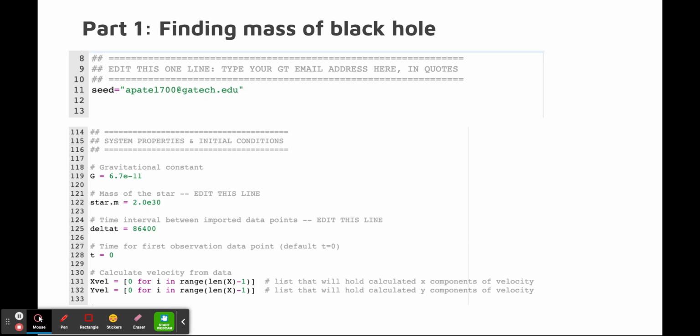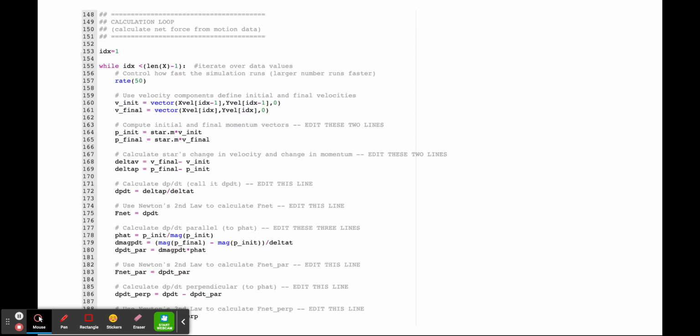So here is the GlowScript code for part 1. I added in my GOTEC email as listed here, and added in the mass of the star and the number of seconds in 1 day for delta t. I then computed the components to find the initial and final velocities and initial and final momentum vectors, as well as the velocity and change in momentum.